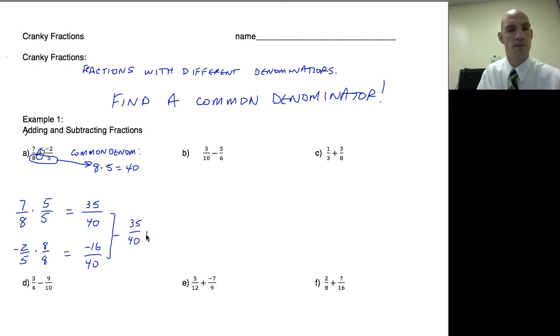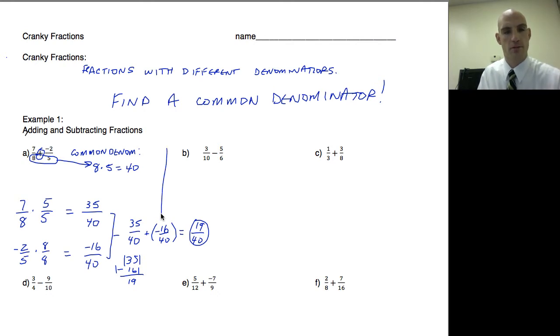And so I'm going to multiply by 5 on the bottom and also 5 on the top. So I end up with 35 over 40. My other one, I'm going to multiply by 8 on top and 8 on bottom, so I end up with -16. Now, when I put these two together, because remember I am adding them, I have 35 over 40 plus -16 over 40, and my answer is going to have 40ths on the bottom.